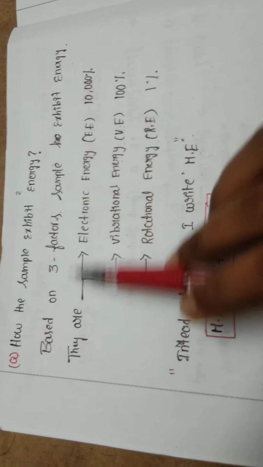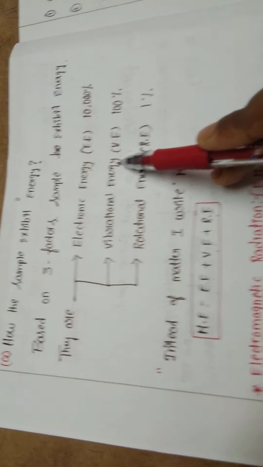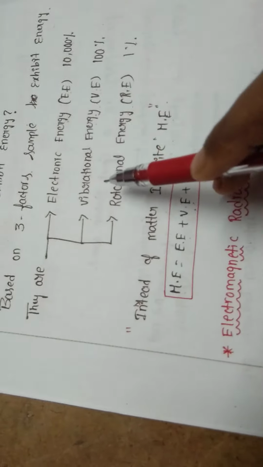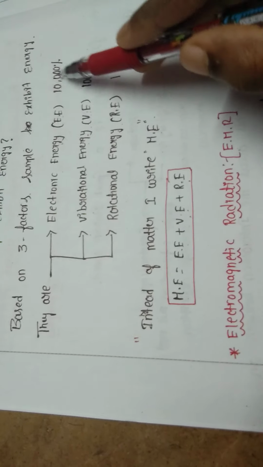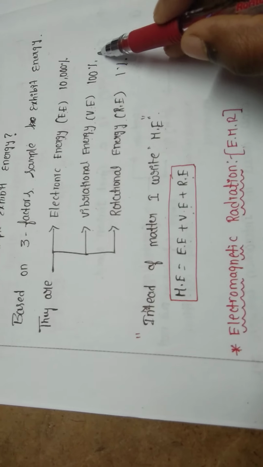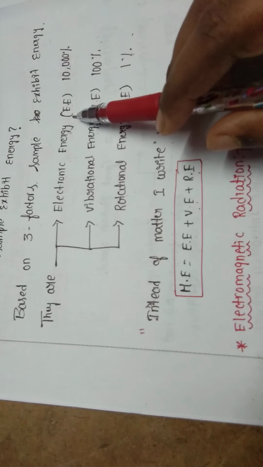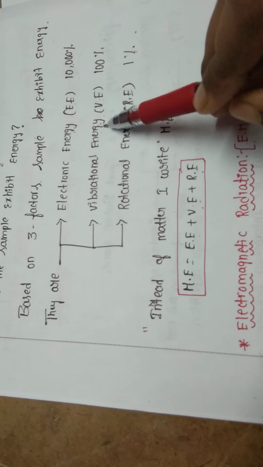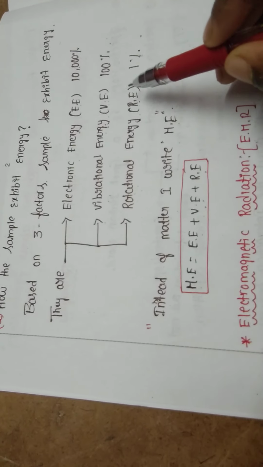The sample exhibits energy based on three factors. The first factor is electronic energy, the second is vibrational energy, and the third is rotational energy. Electronic energy is about 10,000 percent, vibrational energy is about 100 percent, and rotational energy is about 1 percent. Electronic energy is represented with EE, vibrational energy with VE, and rotational energy with RE.